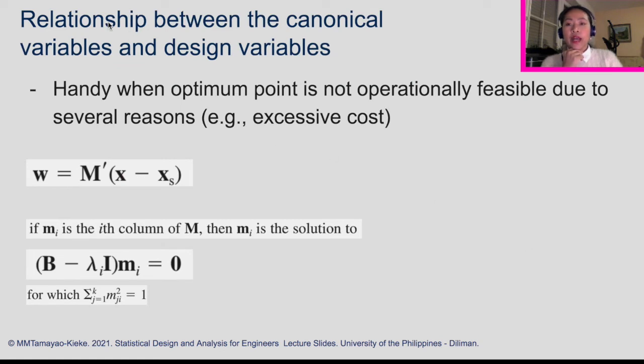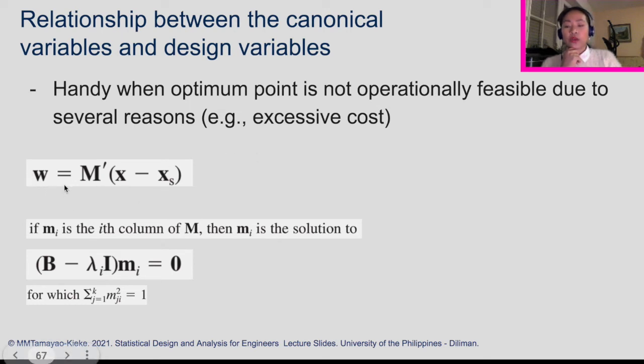Now the relationship between the canonical variables and the design variables is handy when the optimum point is not operationally feasible due to several reasons. For example, if it is excessively costly to operate at the stationary point, we want to know the relationship between the canonical variable and the design variable, and we can do that using this analysis.